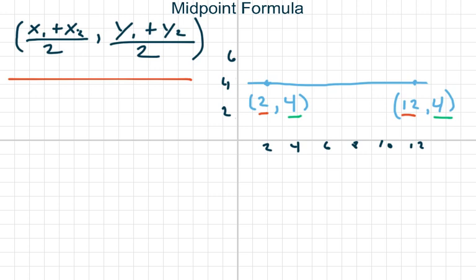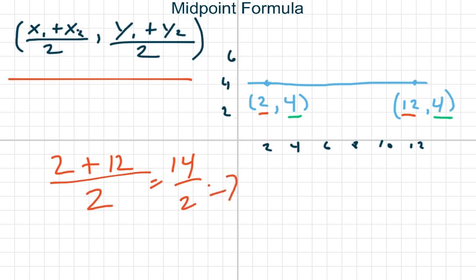So to use the formula, you would say 2 plus 12 divided by 2. That would be 14 divided by 2 equals 7. So your x-coordinate would be 7.